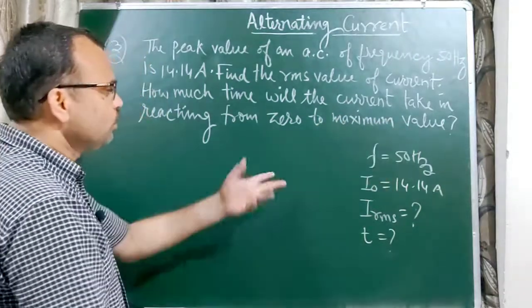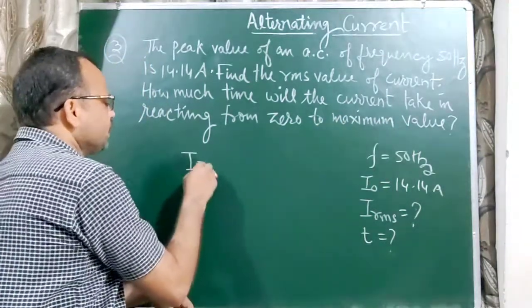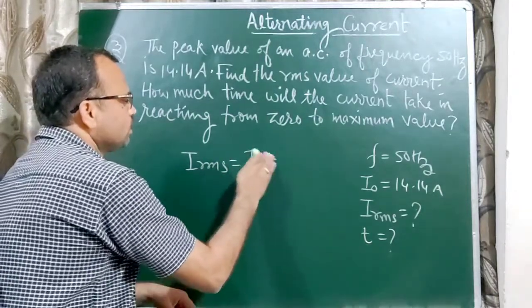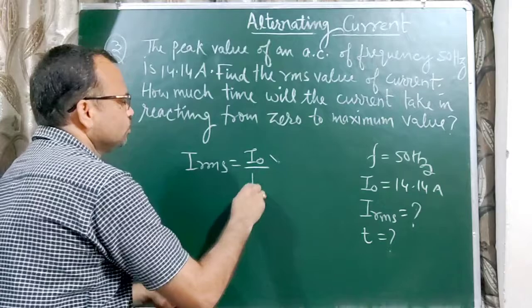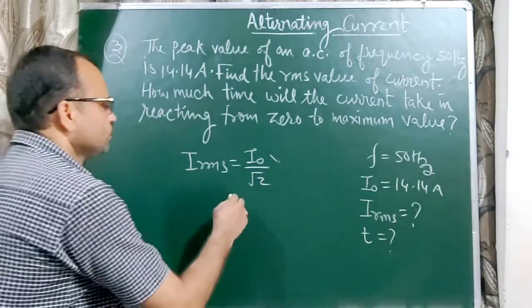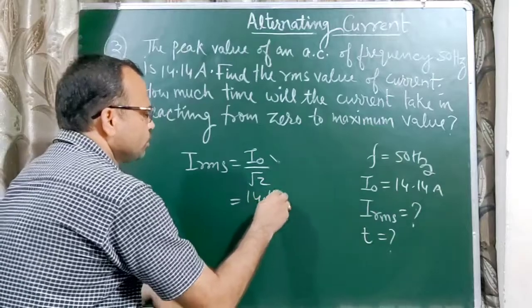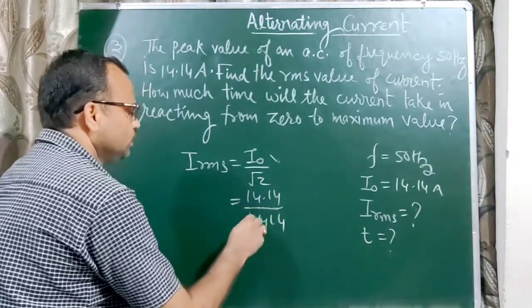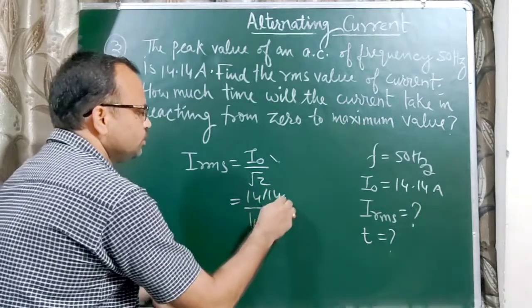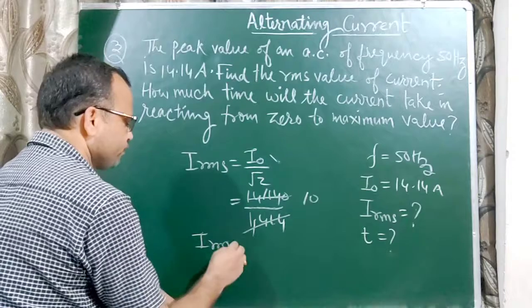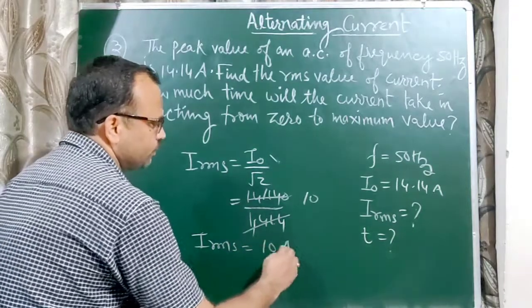So as we know that IRMS equal to I naught upon root 2. So 14.14 and the value of root 2 is 1.414. This point to point cancel, so IRMS is equal to 10.